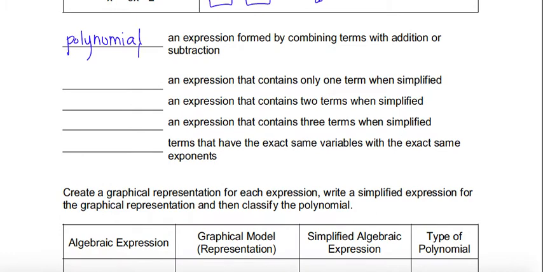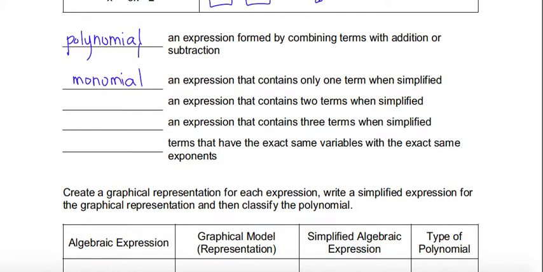So a polynomial is any type of algebraic expression. When that algebraic expression only has one term, we call that a monomial. So think about a monocle. So that one single glass that some people wear, a monocle, a monomial is one term.